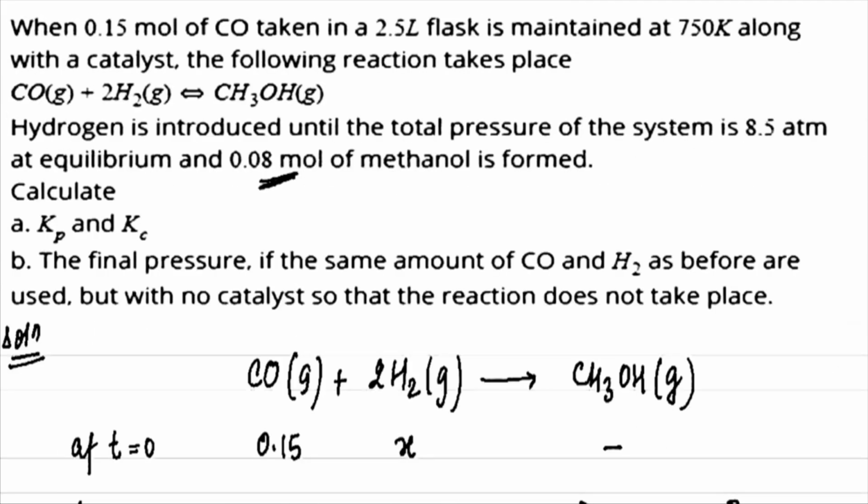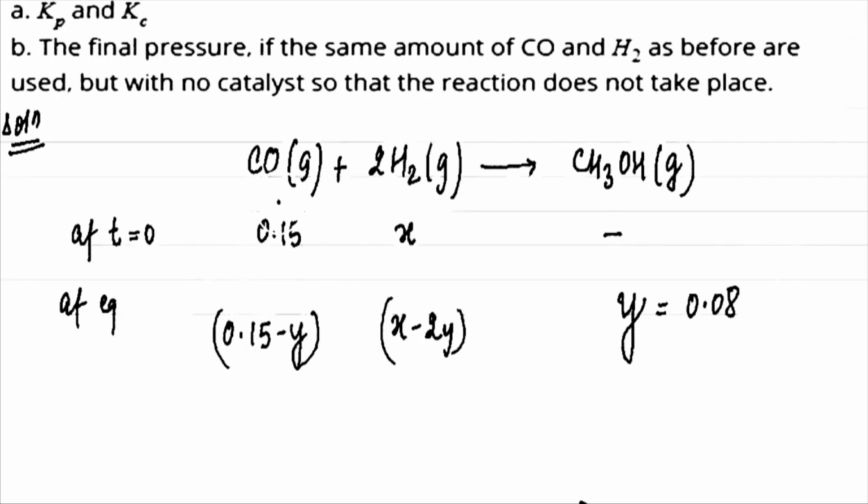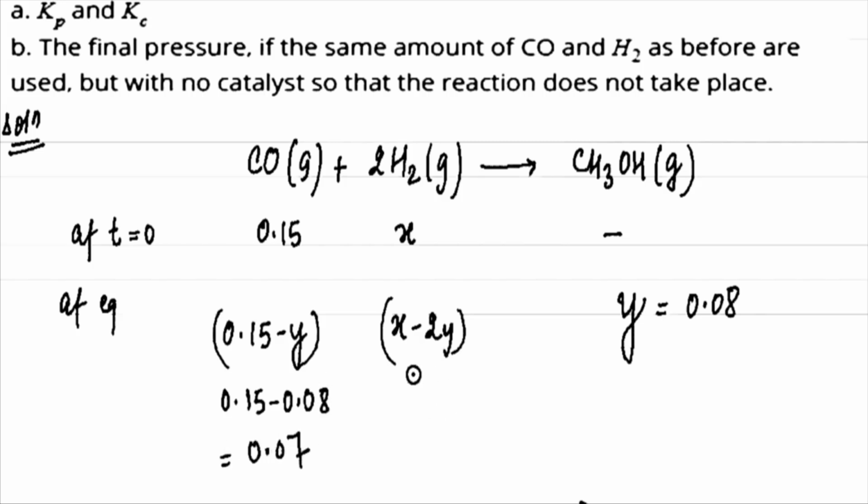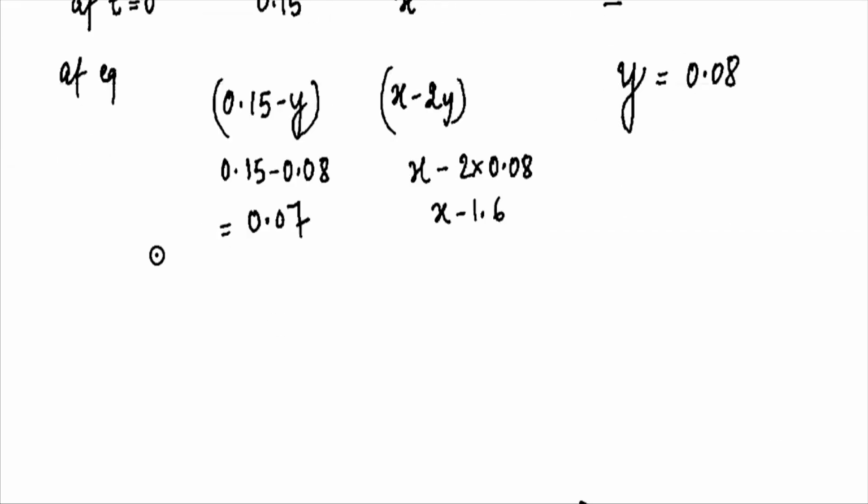So I can simply calculate the number of moles of carbon monoxide at equilibrium. That will be 0.15 minus 0.08, which will be equal to 0.07, right? And the number of moles of hydrogen can be calculated as X minus 2 into 0.08, which will be X minus 0.16.